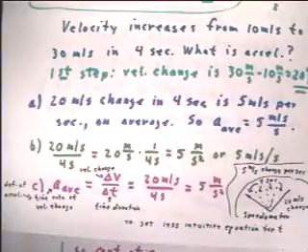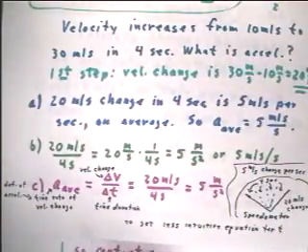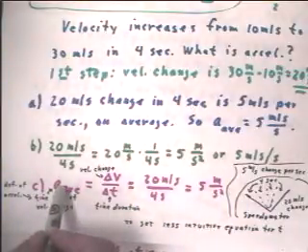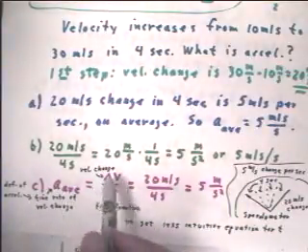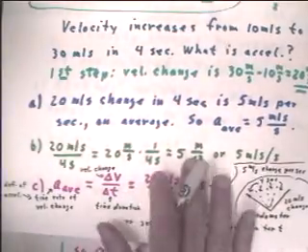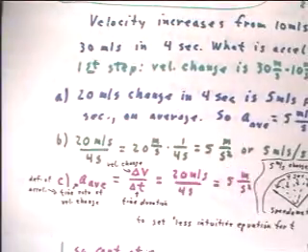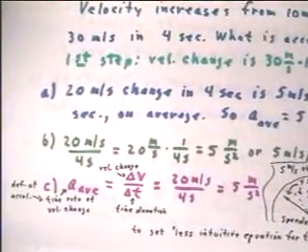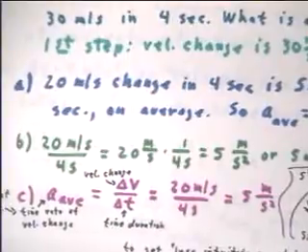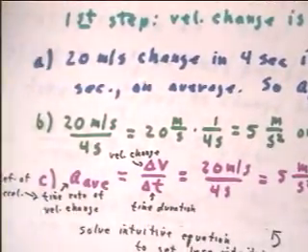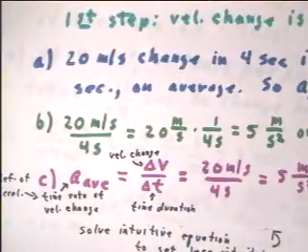Now, if we look at the formal way of doing this, we see that in terms of rates, acceleration is a rate of change of velocity. As such, it's going to be the change in velocity divided by the change in time. Now, we note here, and we might want to zoom in a little bit so we can see it better, that this is the definition of acceleration.